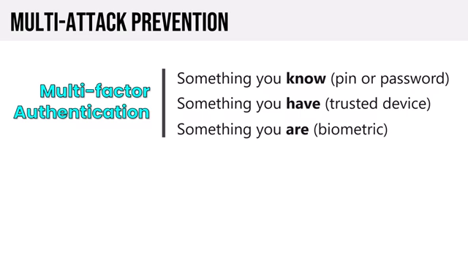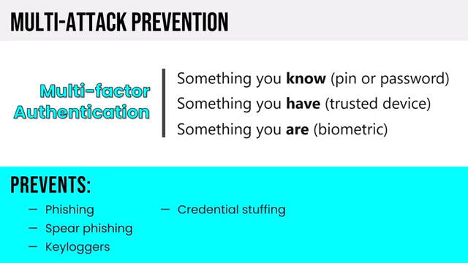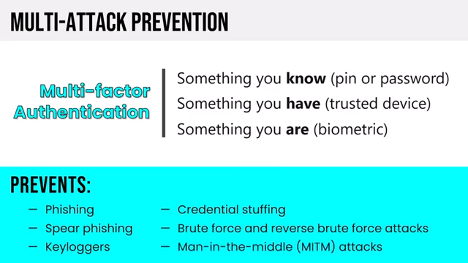It's really common that we use Face ID or thumbprint on our mobile devices now. And this is going to be a prevention mechanism for multiple types of attacks. Phishing, spear phishing, keyloggers, credential stuffing, brute force, reverse brute force attacks, man in the middle. MFA can solve a lot.